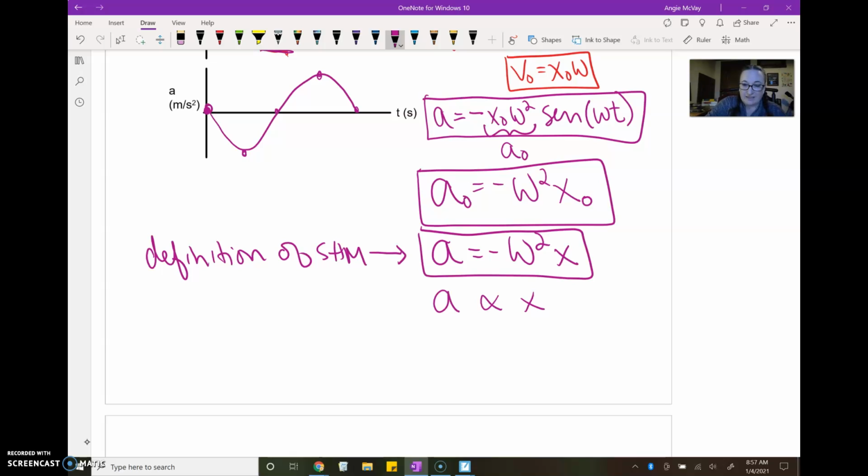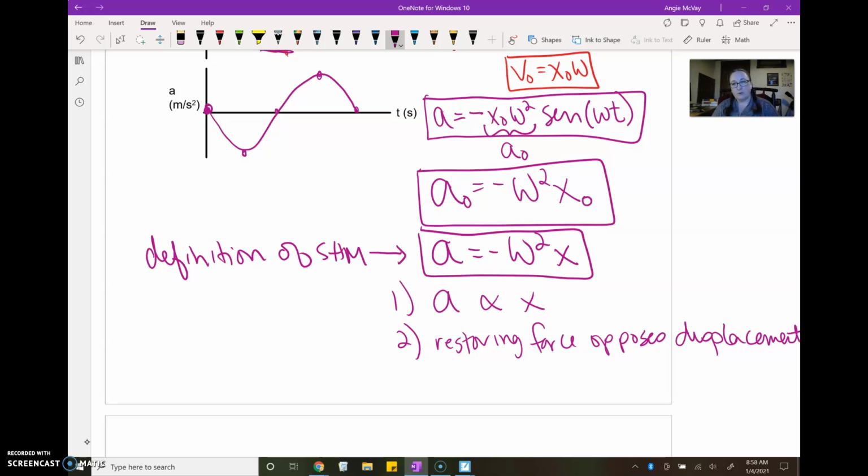And the second thing is, is there a restoring force that always opposes the displacement? Right, those are the two things that you're always looking for.